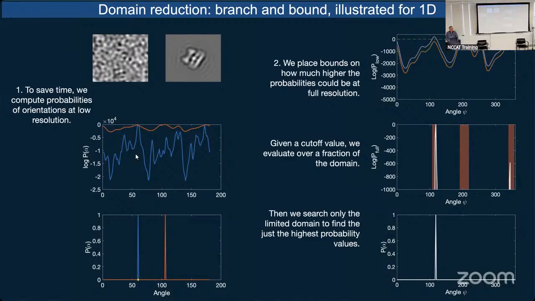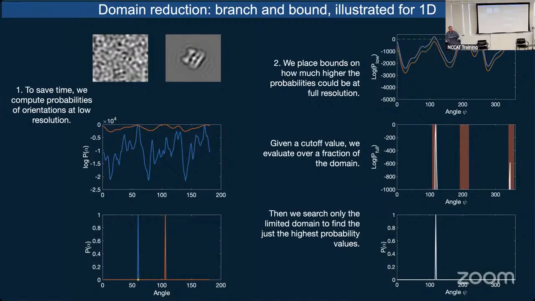So the idea is we actually don't have to integrate over all possible orientations. We can figure out a way to just search in the most important regions of the parameter space. There's this procedure called branch and bound.